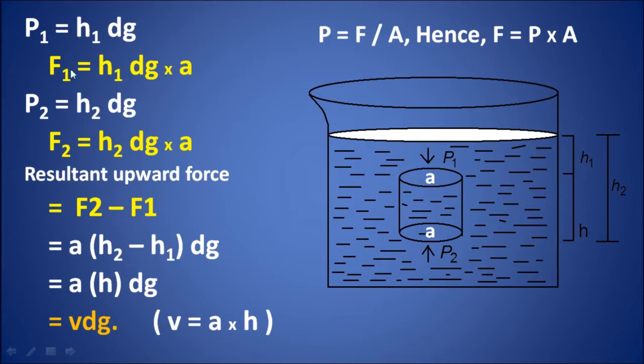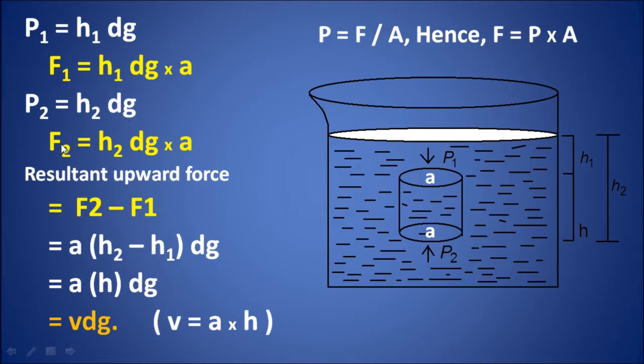Now here F1, the force acting on the upper surface, would be pressure on the upper surface into area of the upper surface, so h1 dg into A. Pressure acting on the lower surface P2 is equal to h2 dg.